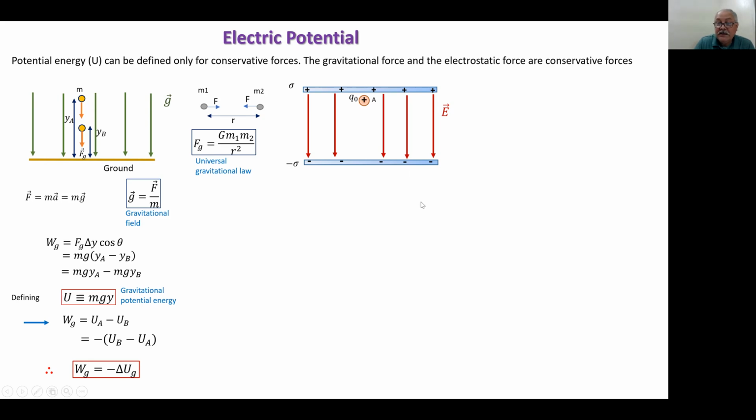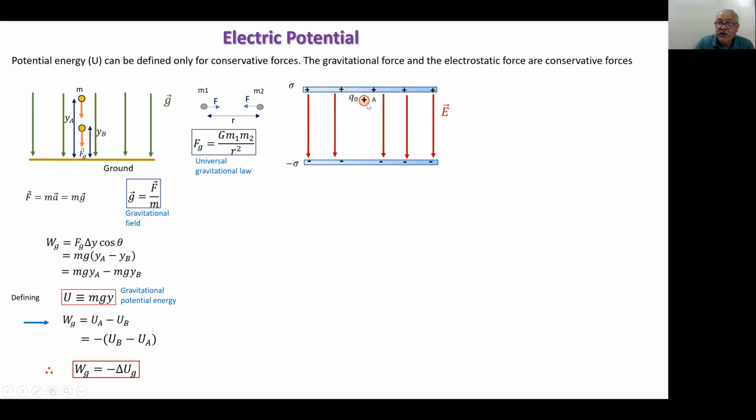That's why in this analysis we always take positive charges, because that was the convention, right? Because it behaves in the same way as the masses. If we have a positive charge right here and we release it, it goes downward in the same way as any mass released in the gravitational field.